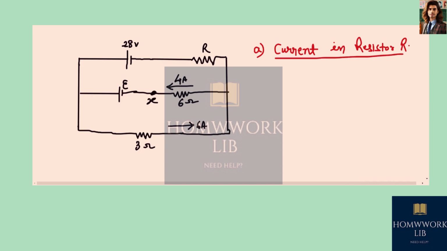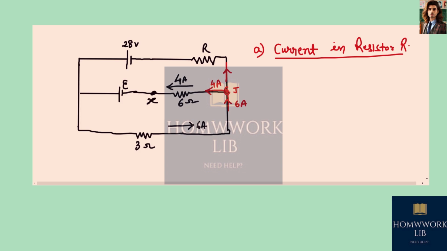So for this, what we can observe is that this 6 ampere current is coming over here in this direction. 4 ampere is going away from this junction. Let us take this junction J. So this is 4 ampere current, and the current that will be flowing through the resistor R, we will apply Kirchhoff's current law.